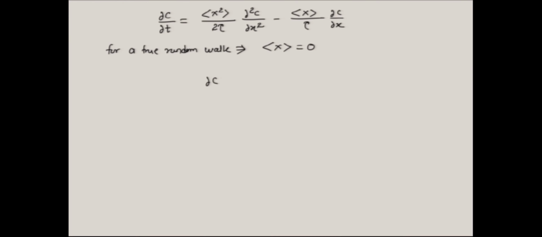And so, we get dou c by dou t equal to mean square displacement x square over 2 tau dou 2c by dou x2.